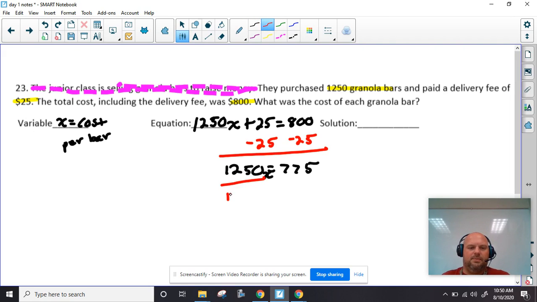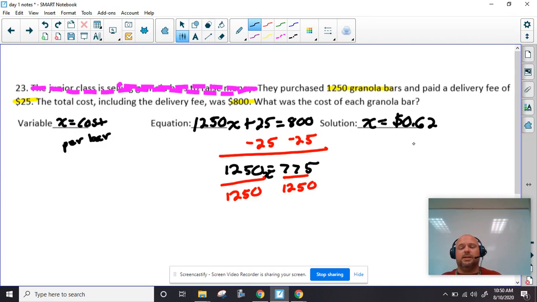Now, we're going to divide by this number right here, 1,250. So 775 divided by 1250. Let you know, you are going to get a decimal. Okay, you're going to get a decimal.